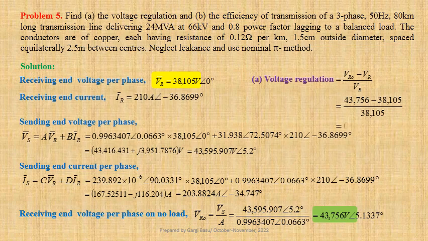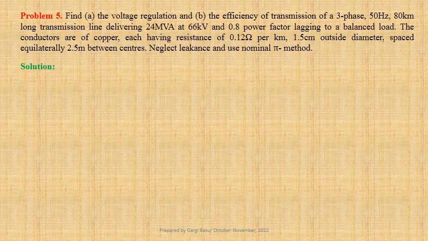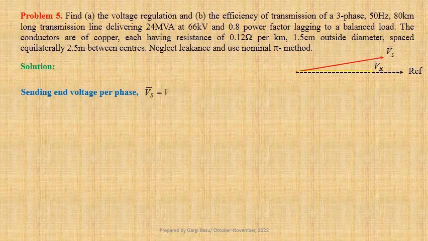That gives us 0.1483 per unit or 14.83%.